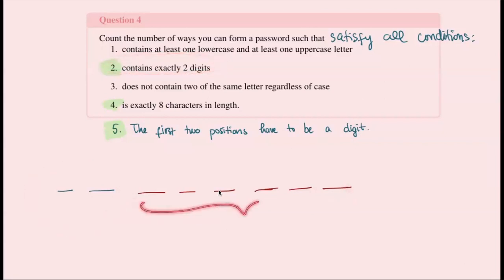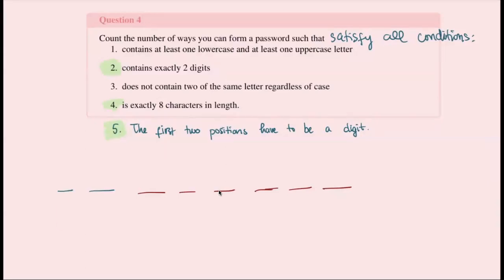So the rest of them have to be letters. The underline that I put in blue represents a digit spot and the one in red represents a letter spot. So we will first start with the digits because it's easier to deal with. There is less restriction here.